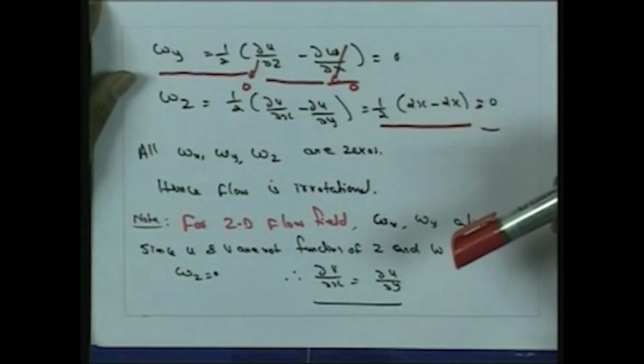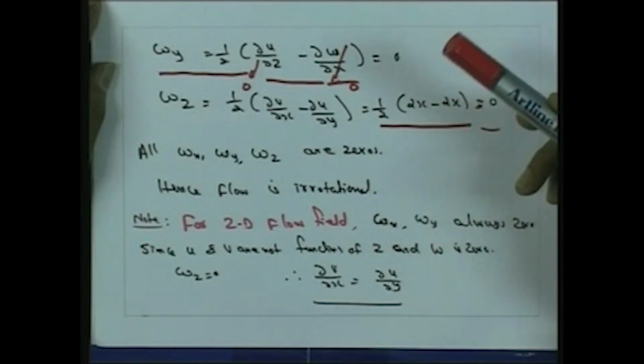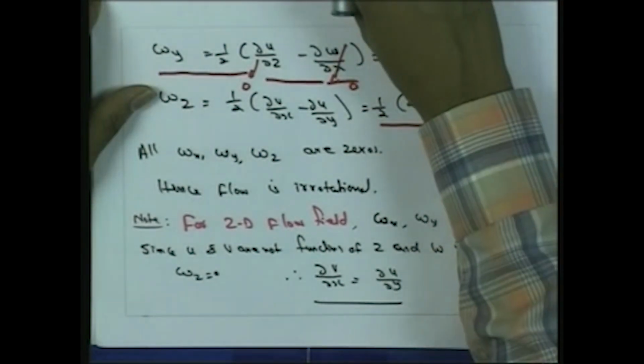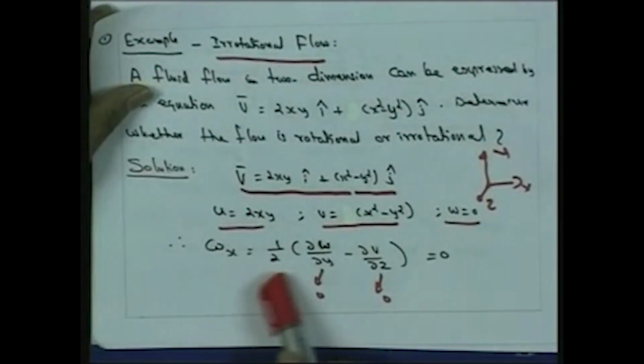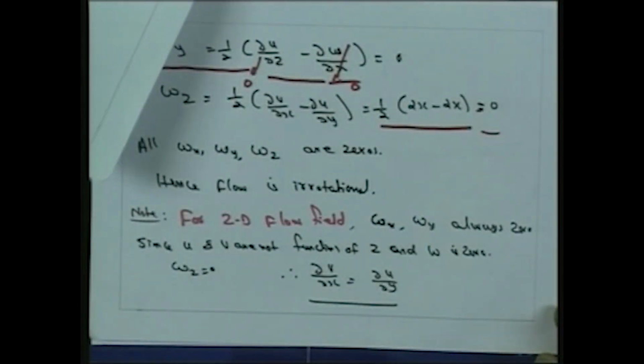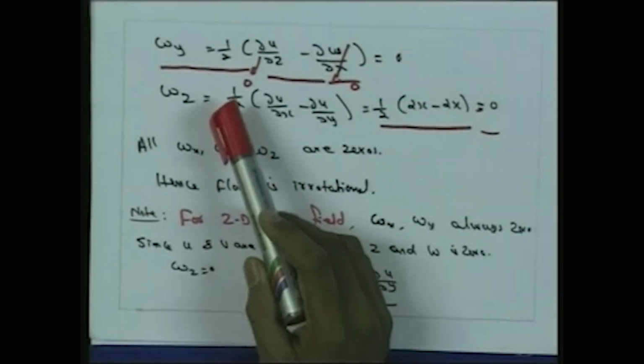For a two-dimensional flow field, you can see that omega x and omega y are always 0. As per the definition, for two-dimensional flow, w, the velocity component in the z direction, is equal to 0, and the velocity variation of v with respect to z will also be 0. So for two-dimensional flow, omega x is equal to 0.